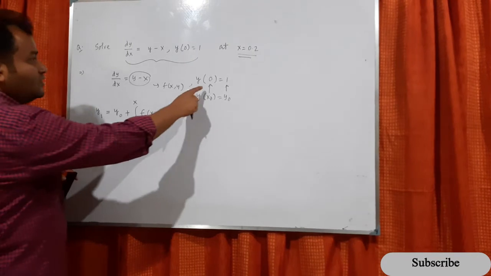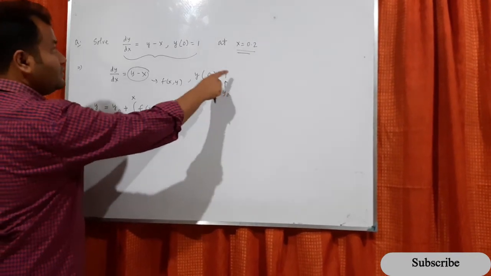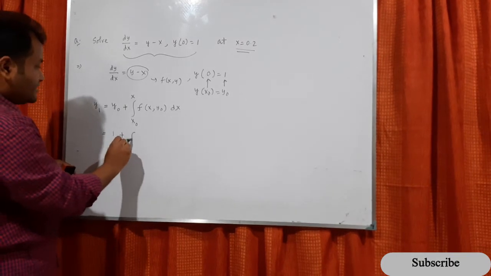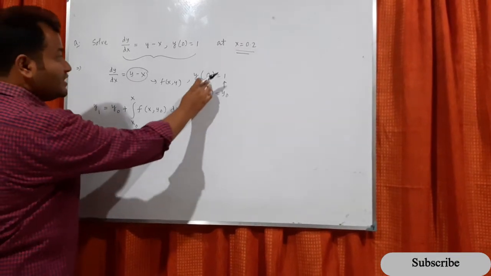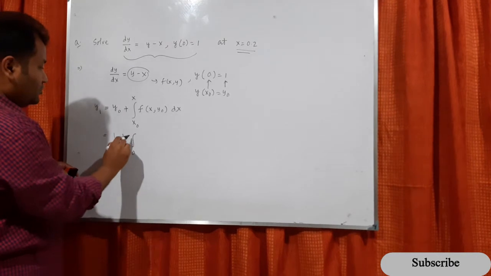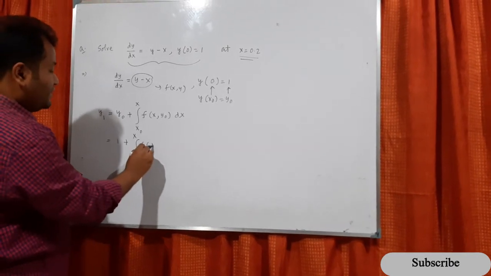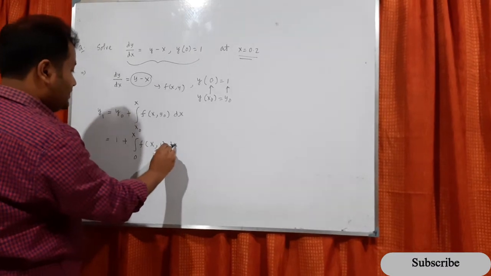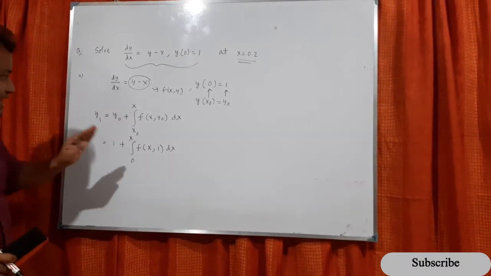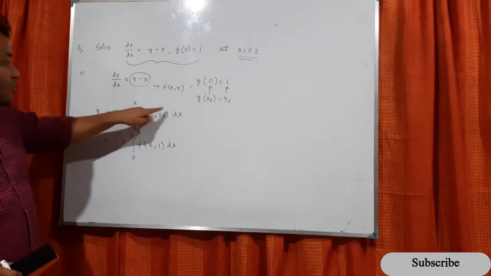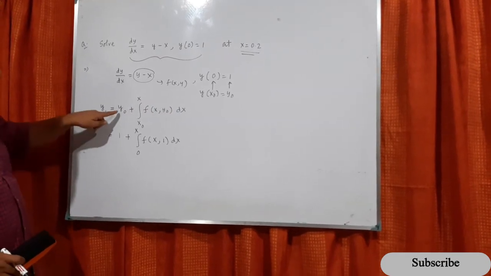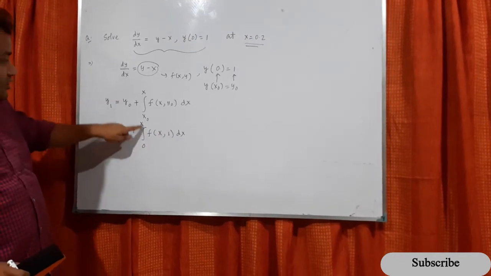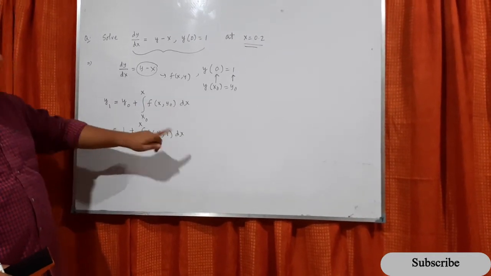What is y0? y0 is 1, plus x0 is 0, so 0 to x of f(x, y0), which is again 1, dx. So you understand what we have done? We have written the original formula, then we put in all the values: y0 is 1, x0 is 0, f(x, 1) dx.